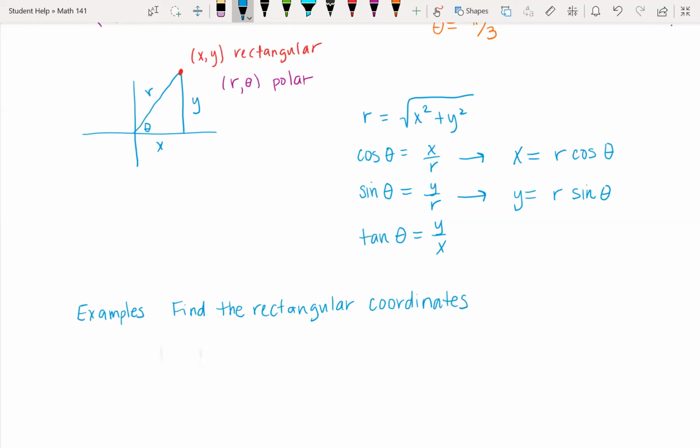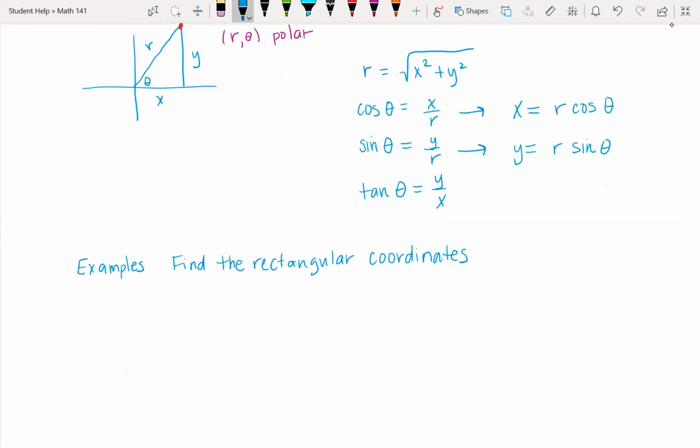So we're given the point 6, 30 degrees. So this point is at 30 degrees, but out 6 as far as the radius is concerned.